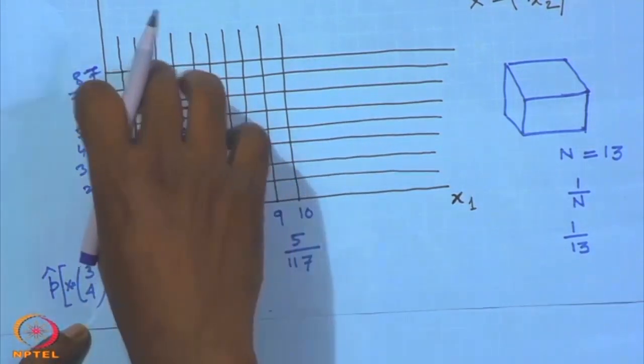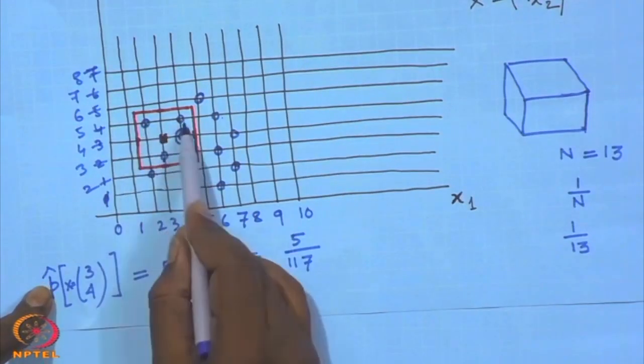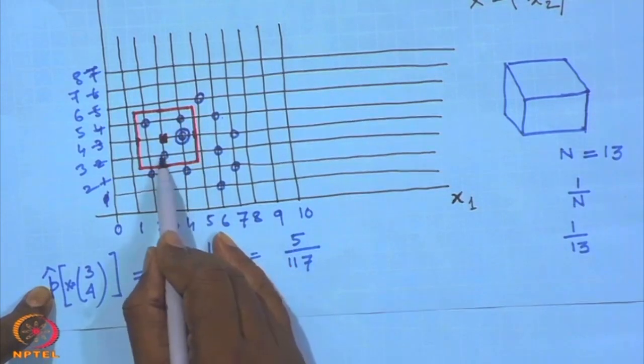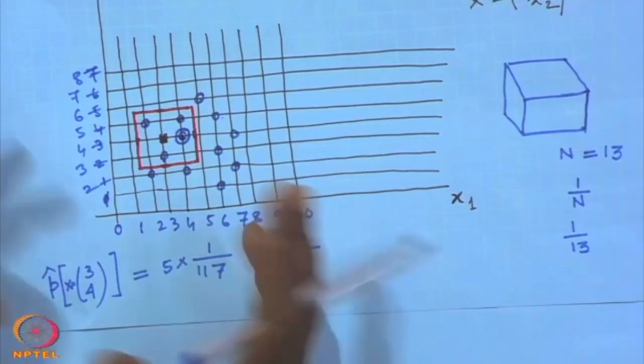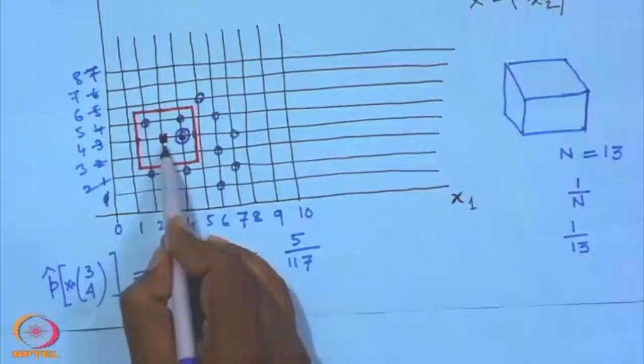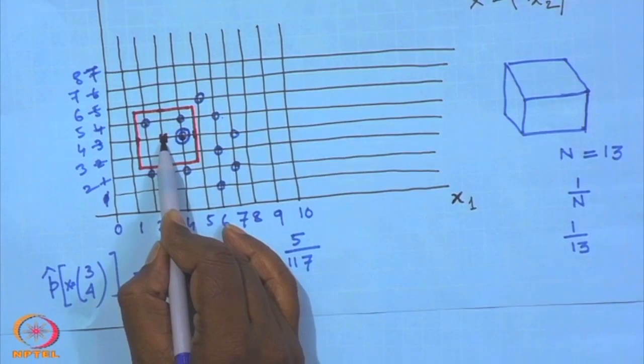So, how have we been able to do it? Simply by placing the box and counting the number of samples within the box. It is equivalent to placing a box over here, over here, and 2 boxes over here, then finding out how many of these boxes are superimposing at location 3, 4.